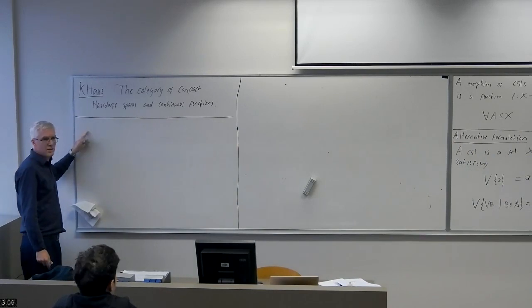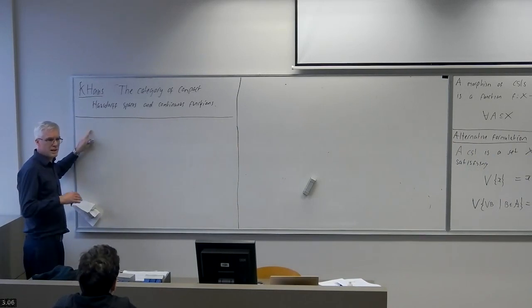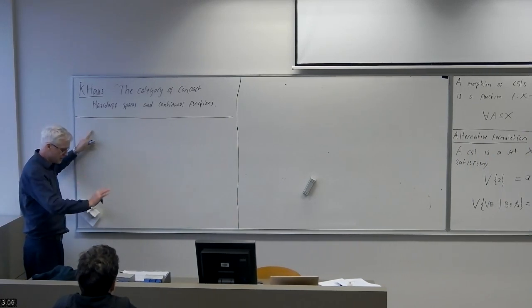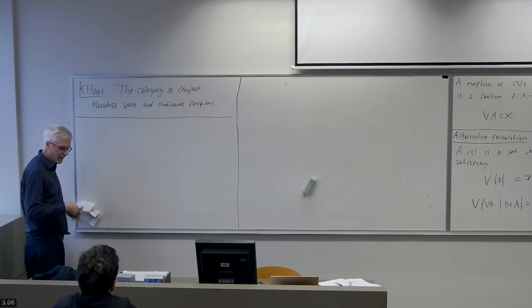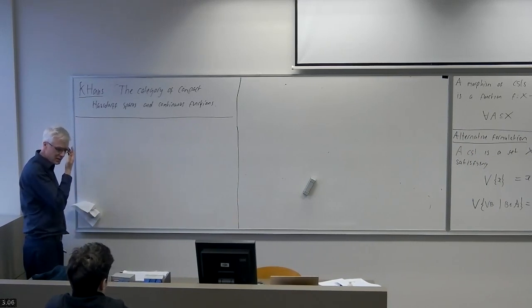And to address this, we're going to look at two deep category theoretic results, which will give us this. Plus, we'll look at some general category theoretic machinery associated with algebras.